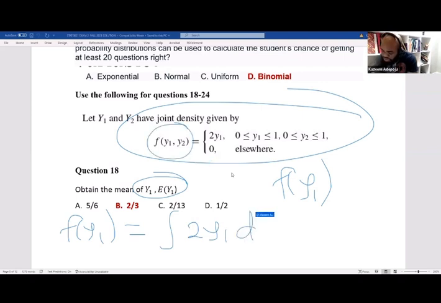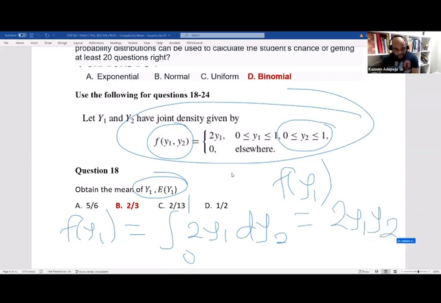I'm going to integrate 2y1 with respect to y2 using the range of y2 from 0 to 1. Integrating with respect to y2, it's going to be 2y1 y2. When I plug in 0 and 1 wherever I see y2, that will give me 2y1. So f of y1 is 2y1.